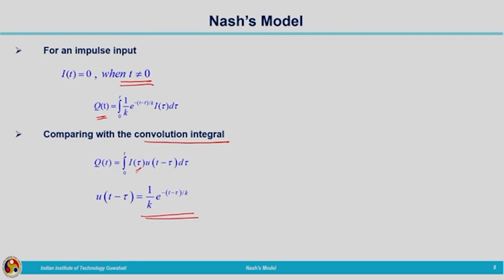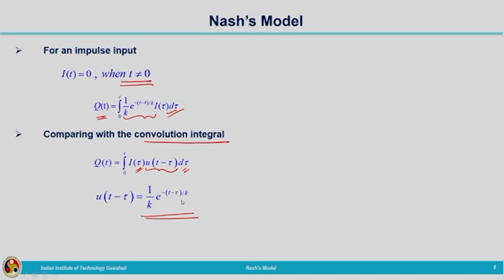We have I(tau) d tau here, and here also I(tau) d tau is there, and the extra term is u(t minus tau), which is nothing but our impulse response function. Here instead of u(t minus tau), we have the value 1 by k e raised to minus (t minus tau) by k. So we can write u(t minus tau) is equal to 1 by k e raised to minus (t minus tau) by k.